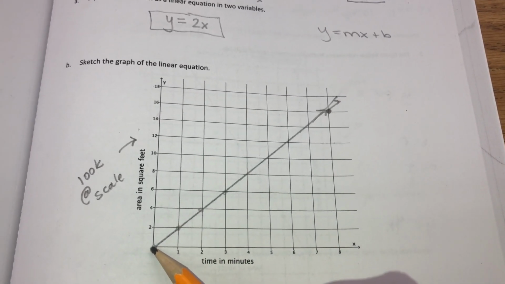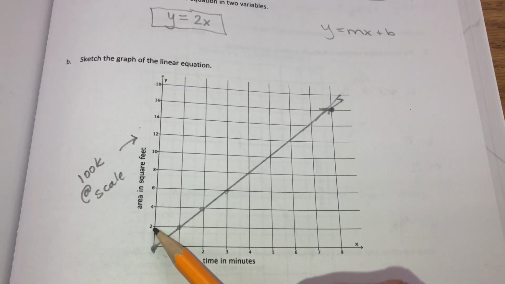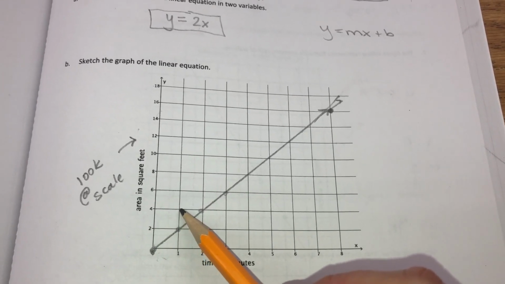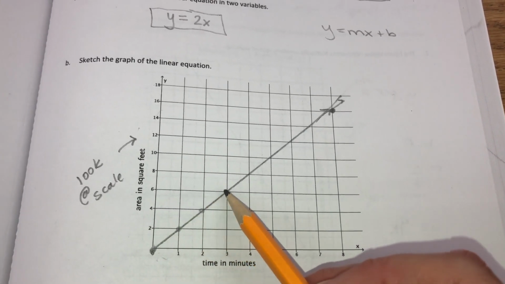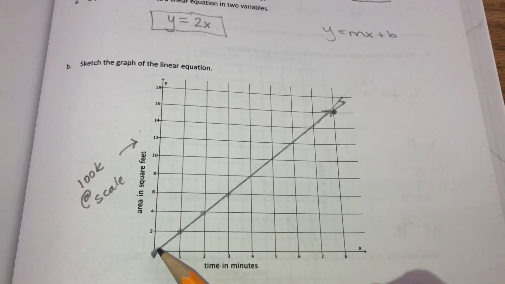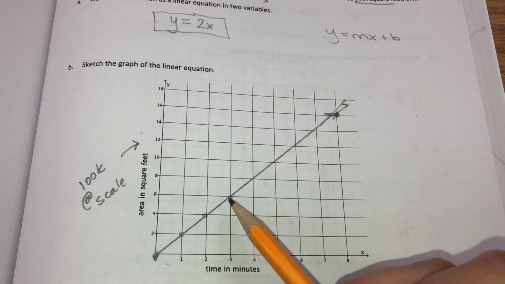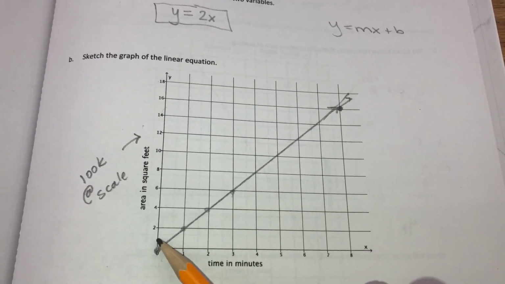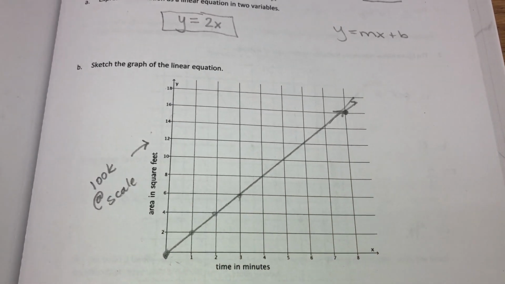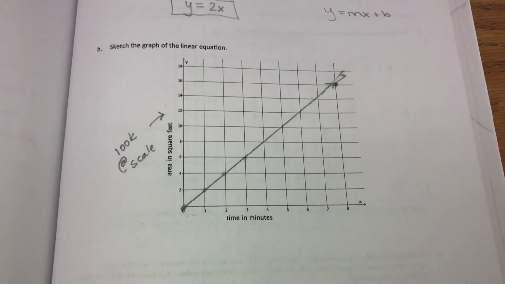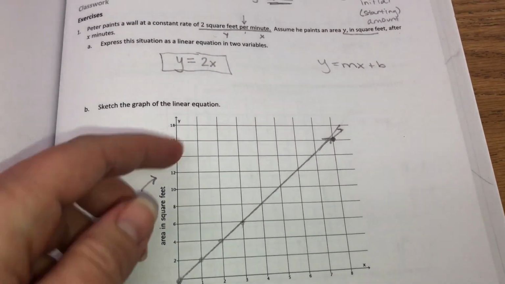So they went from 0 right to 2, so we go up to 2 over 1, up 2 more over 1, up 2 more over 1. Or in other words, plug in 1, you get 2. Plug in 2, you get 4. Plug in 3, you get 6. So it depends on how you look at that. But there's the slope. Use a ruler and draw the line there. Okay, so there's a graph of the equation.